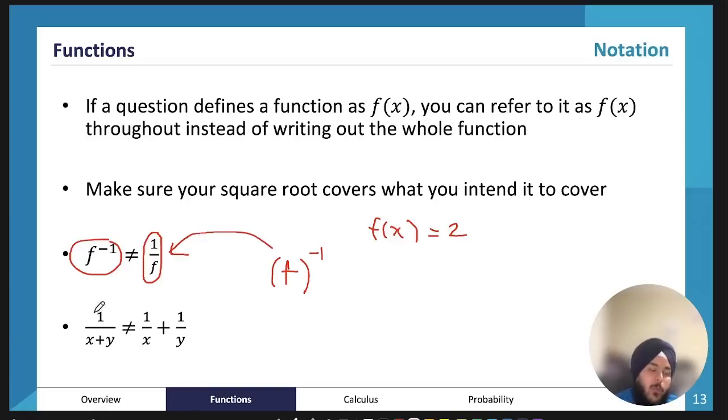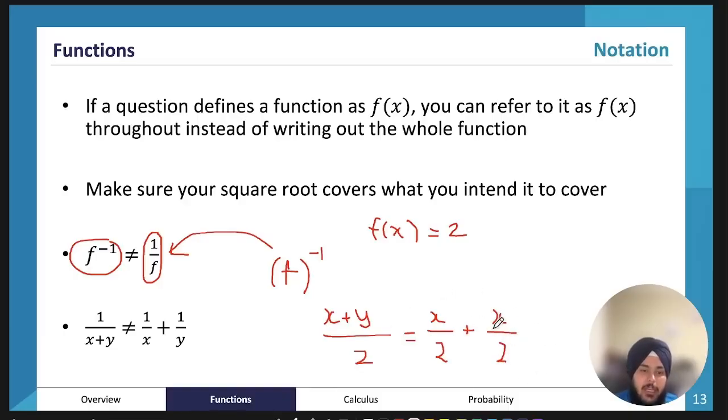Another thing, 1 over x plus y is not the same as 1 over x plus 1 over y. They're completely different things. A lot of people get confused by this, because if we have x plus y over, let's say 2, this is equal to x over 2 plus y over 2. So this is where a lot of students get confused. When it's on the top, you can do that. But when it's in the denominator, that's actually not allowed.